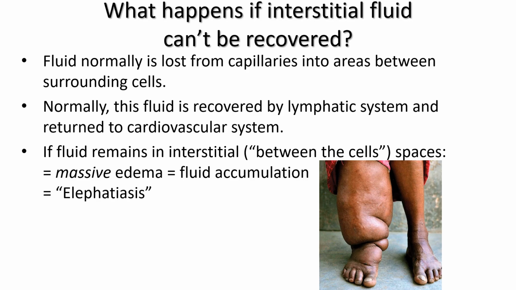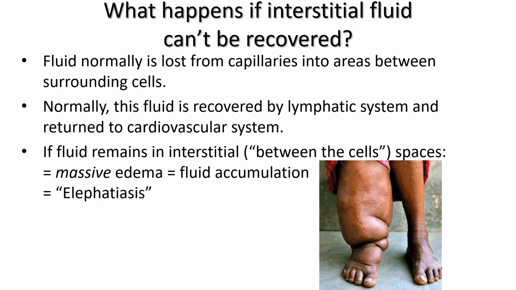And so normally the lymphatic system is going to step in and pick up the extra fluid from these spaces. And remember that fluid, once it's in the tissues, we call it lymph. And it's going to carry that lymph back to the cardiovascular system where the body can reuse it. This process helps keep the fluid levels in our tissues balanced.